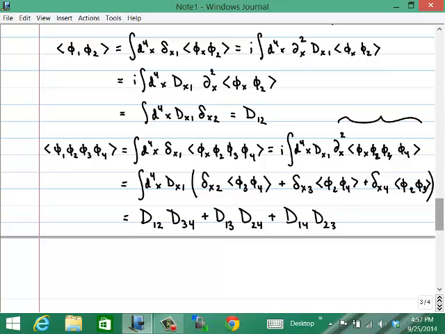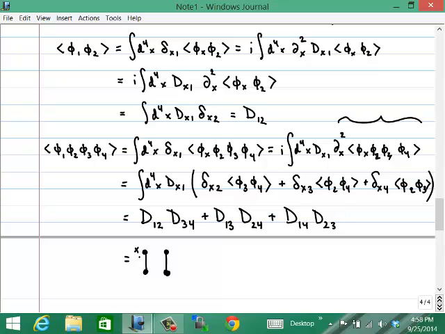So there's a nice diagrammatic way of keeping track of expressions like this. Okay. So what I'm going to do is draw a diagram to represent this formula. And in this diagram, each point is going to denote one of these external locations, x1, x2, x3, and x4.